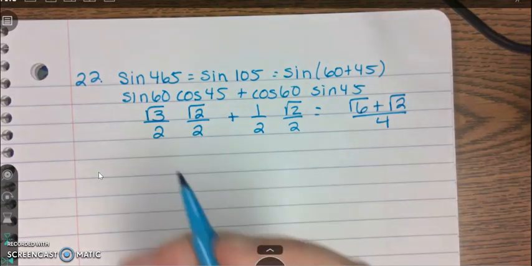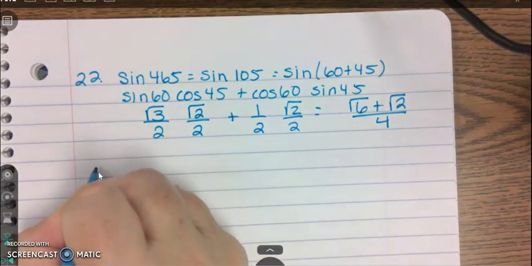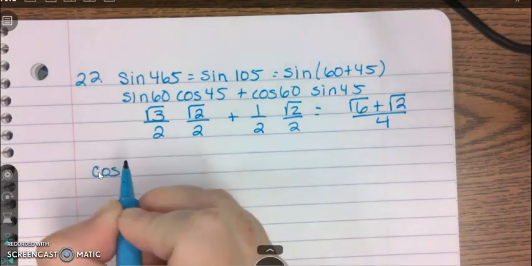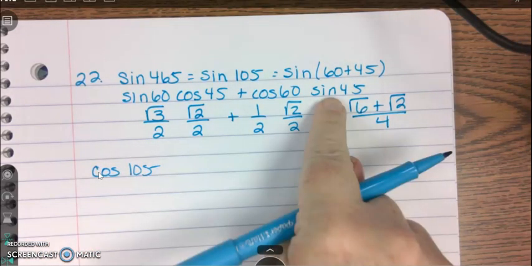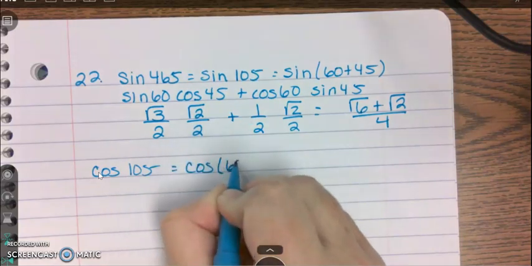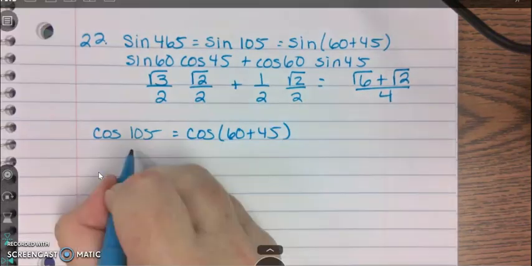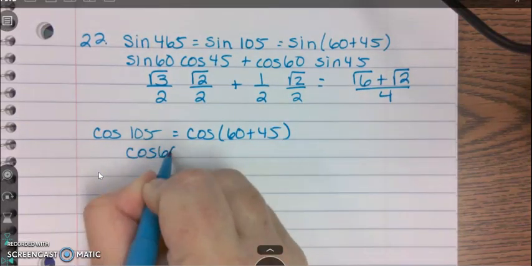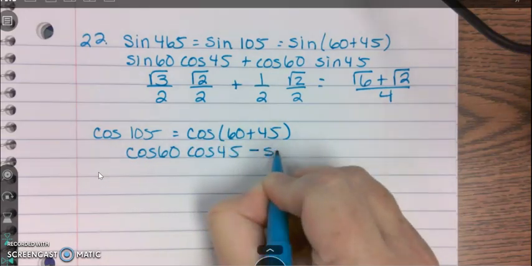Okay. The next one is cosine of 105. This is going to be lovely because we just did 105. So cosine of 60 plus 45. So this would be what? Cosine, cosine, minus sine, sine.